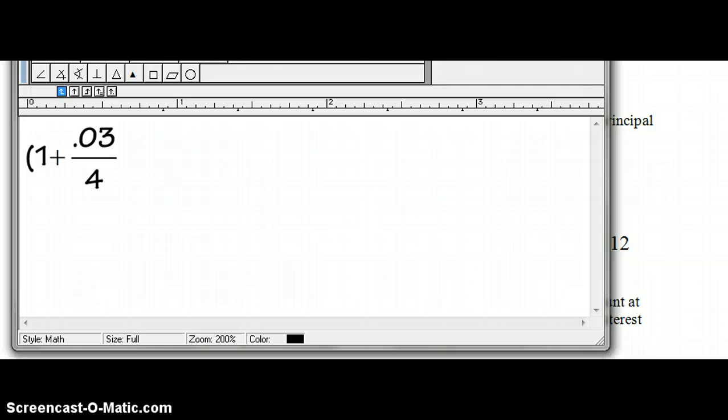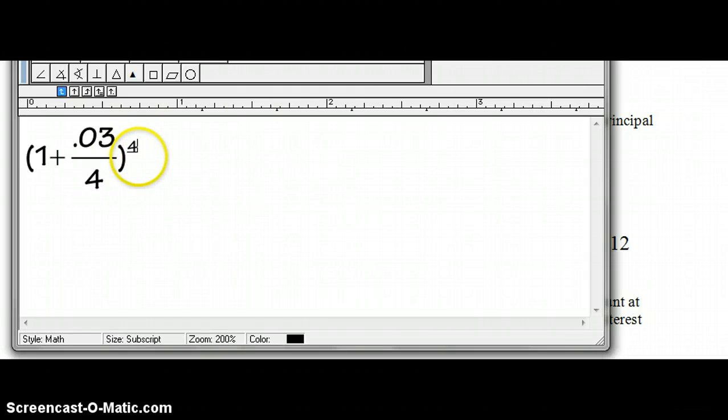So I'm going to put it over 4, and then I'm supposed to raise it to the NT. When you press that caret button, if this happens and it gives you that little spot, you're golden. You could hit 4 times per year for N times, let's say, 3 years. You could do that and it would accept it.